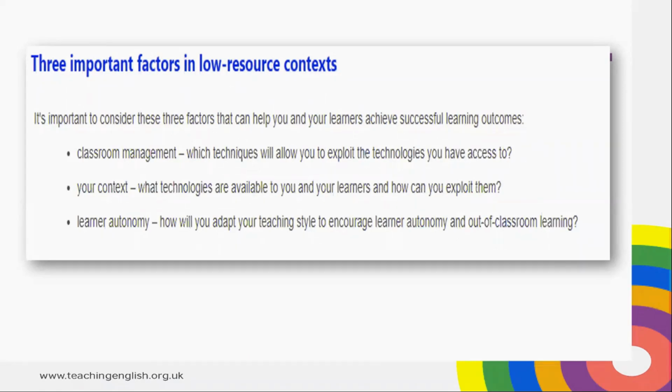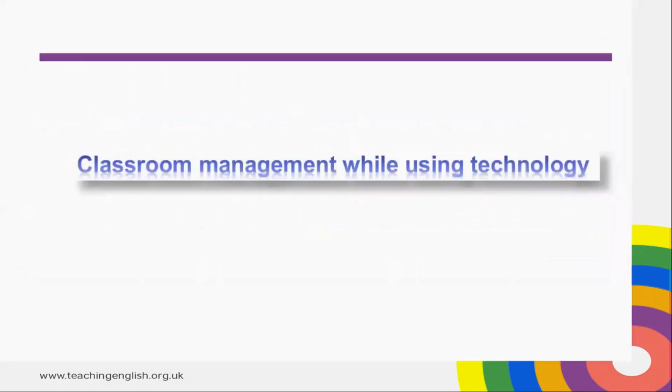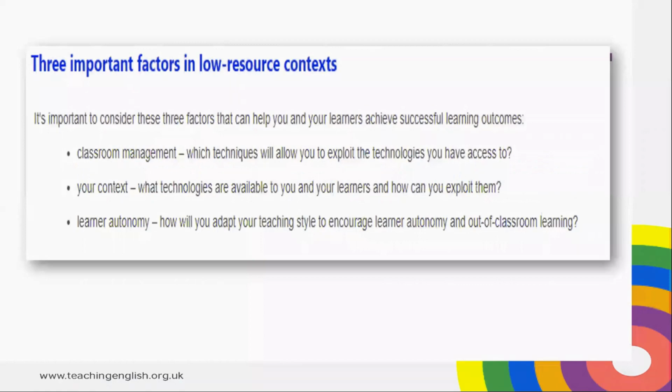Here, when we talk about technology and low resource context, there are three important factors in low resources context. The first one is classroom management. It's how can you manage your class, how you can exploit the amount of technologies that you have access to in your class and outside the class.